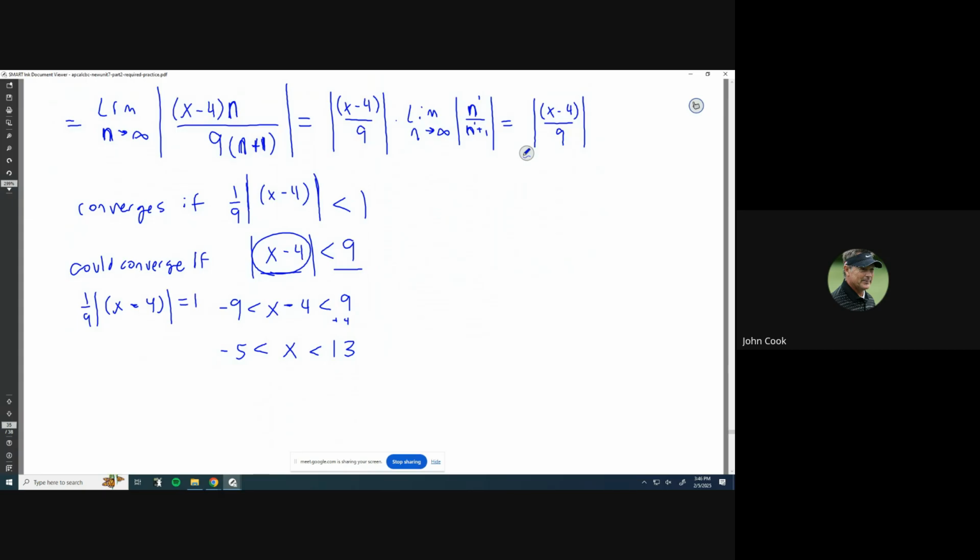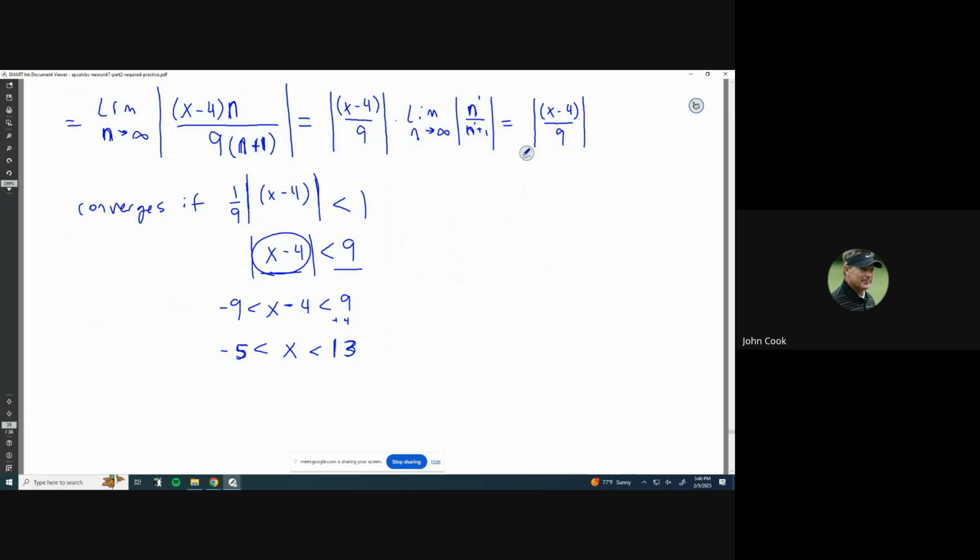Because remember, when we did the ratio test, it was inconclusive at 1. So here's our opportunity to check if it works. This is what you need to do with intervals of convergence. In number 14, it went from infinity to negative infinity, so we didn't really know what happened at the end. But this one, since it has regular endpoint values of negative 5 and 13, we got to check and see what happens at those locations.